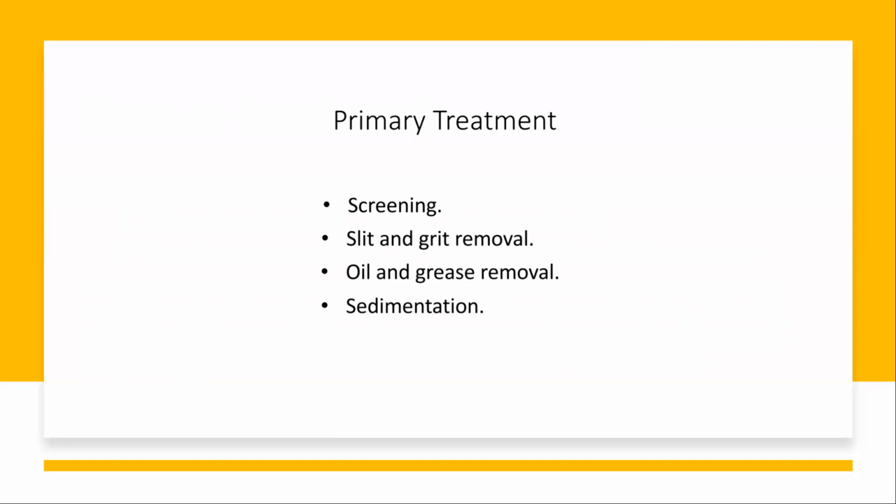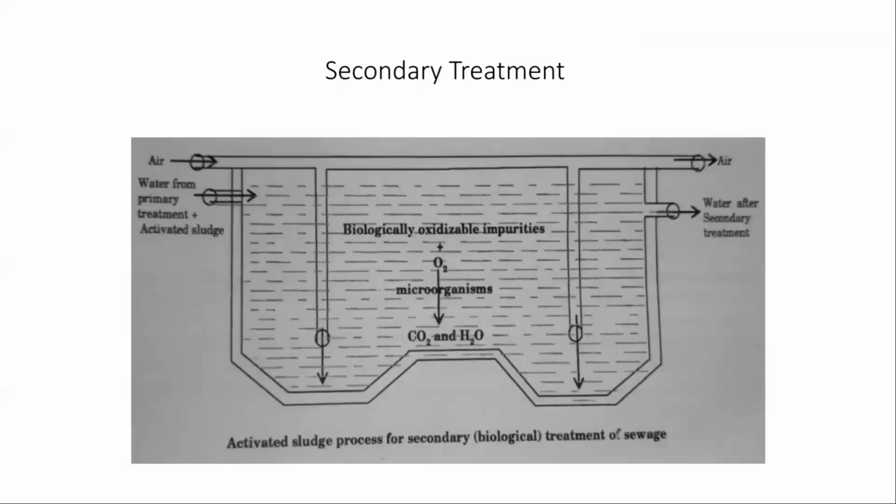The next step is the secondary treatment. I've shown you the diagram of how the secondary treatment is carried out. This secondary treatment is also called the biological method, or the activated sludge process.